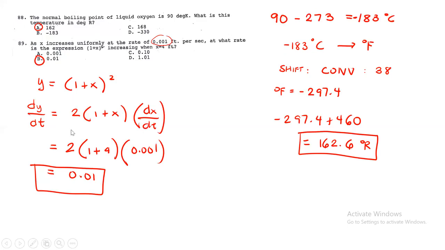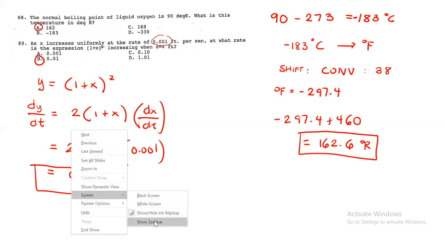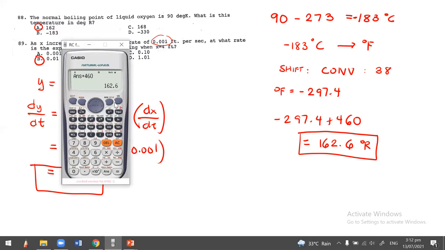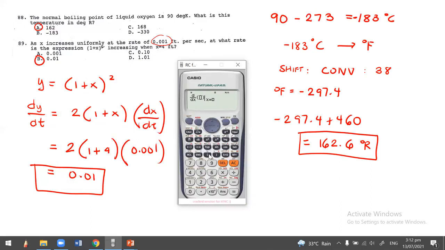So, pwede mo na rin ito i-direct sa calcu, no? So, direct mo na lang ito sa calcu kagad. So, shift. So, meron tayong derivative dito, no? Derivative, then i-type mo yung 1 plus x squared. Then, at 4 feet. Then, i-multiply mo sa 0.001. So, kahit ganyan na lang, guys.